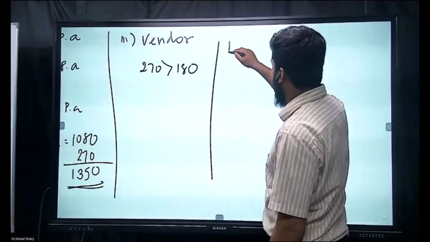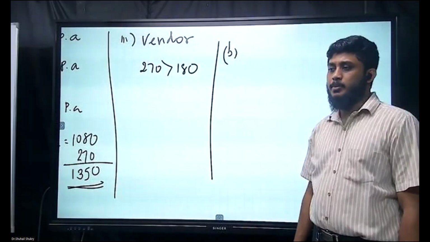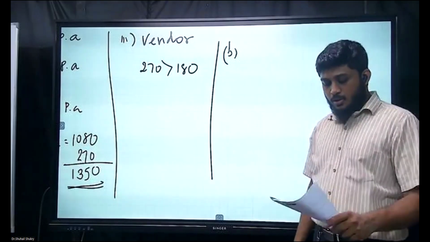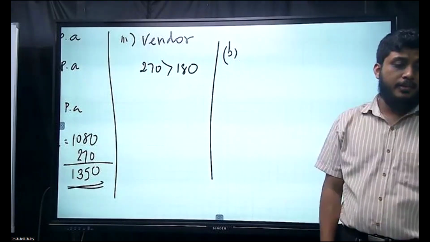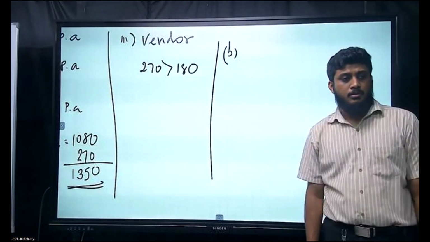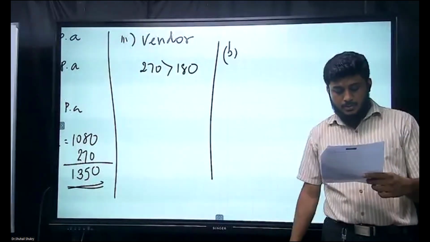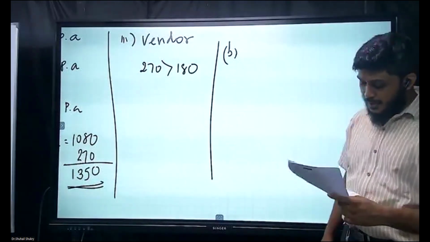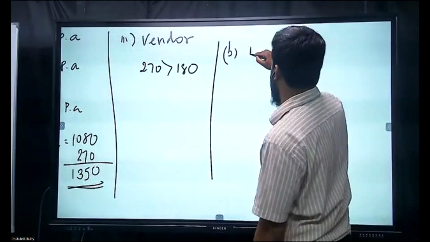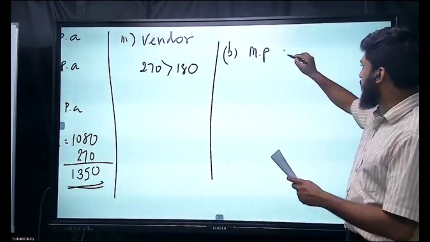Now, whenever you are writing, always remember for a percentage question, there are only 3 parts. You have to write the first amount. What is the first amount again? Mark price of the refrigerator. Whatever word you put here, you put mark price into what percentage?